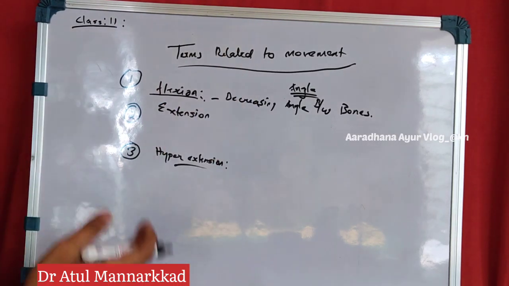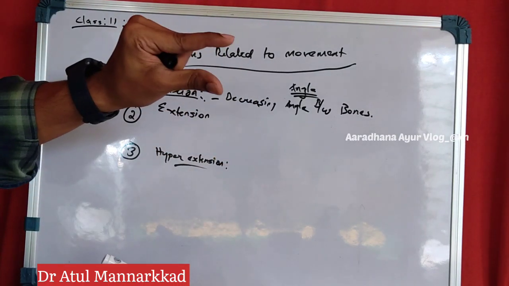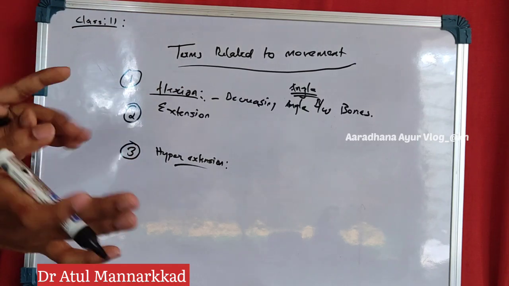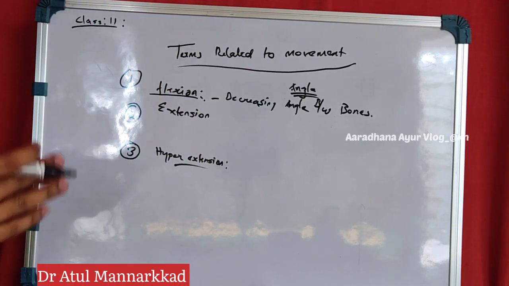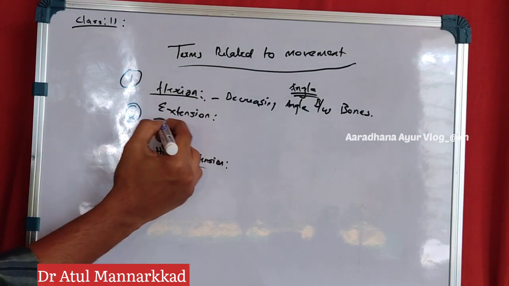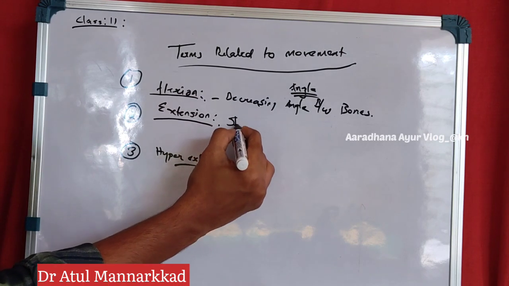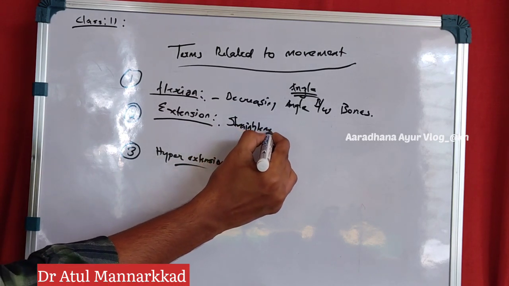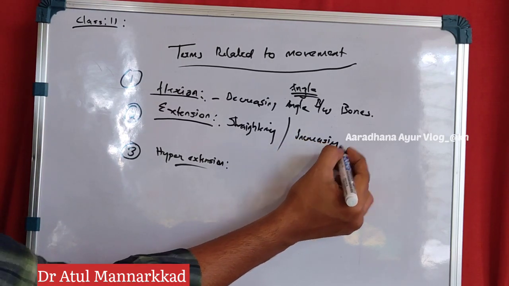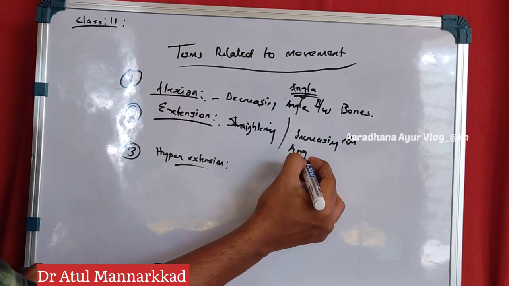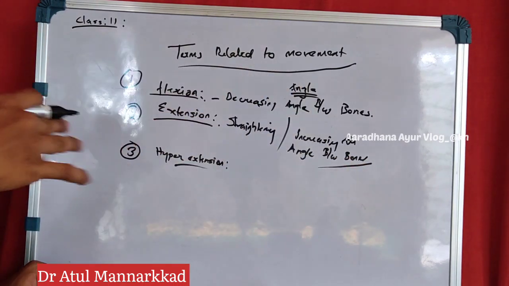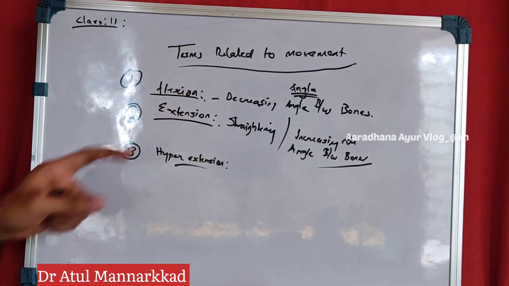So when we create some angle, a little bit, 10 degree, 20 degree, 30 degree, 90 degree, it depends upon the two bones. When we create some angle between the two bones, or when we straighten, or increase the angle between the bones, we call it extension.